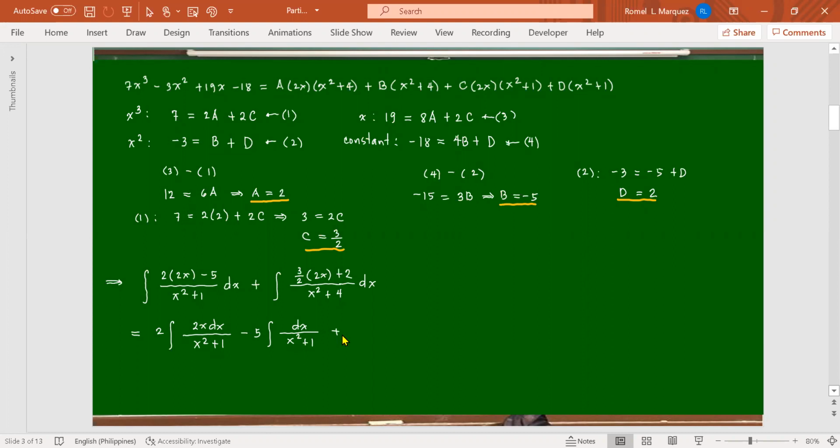Then this second integral can also be split into two integrals. So the first one, we have 3 halves times the integral of 2x dx over x squared plus 4. And then the last one, plus 2 times the integral of dx over x squared plus 4.